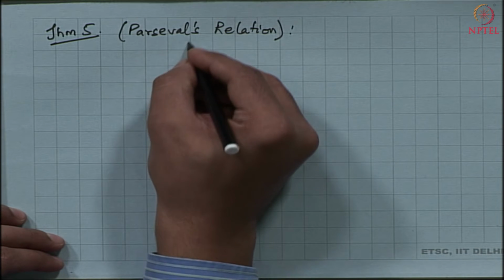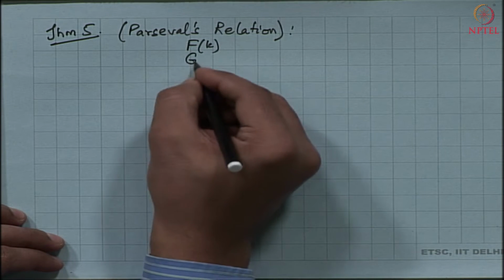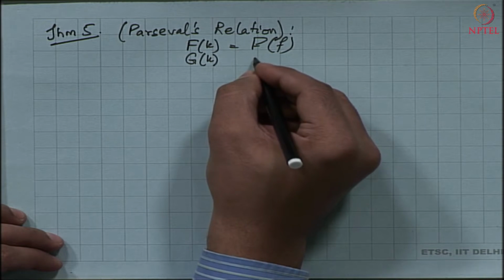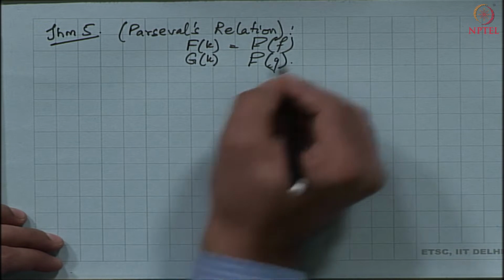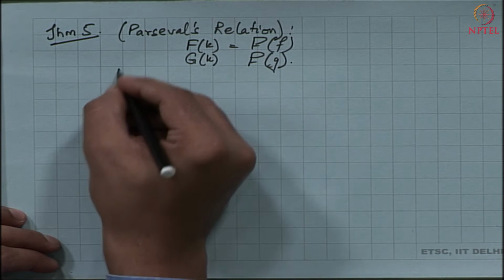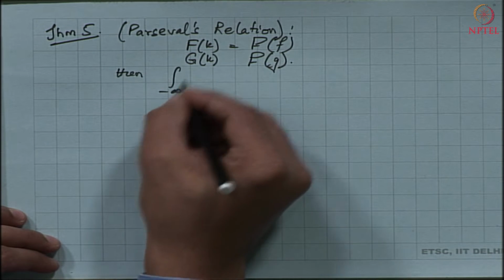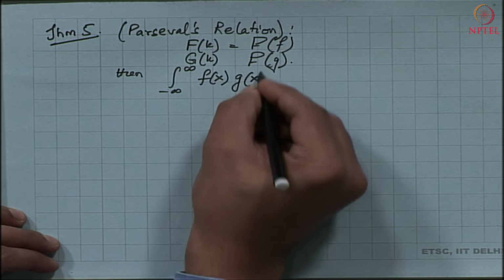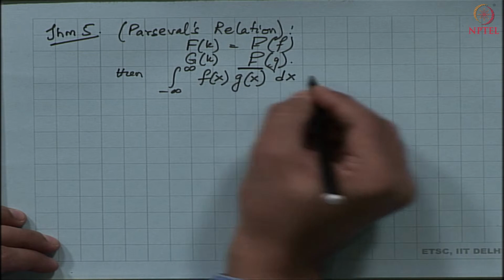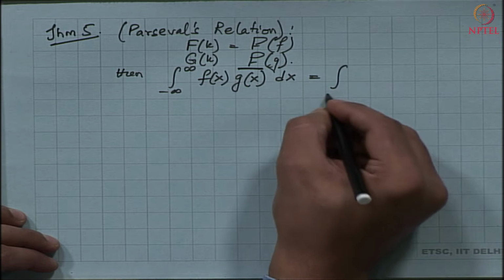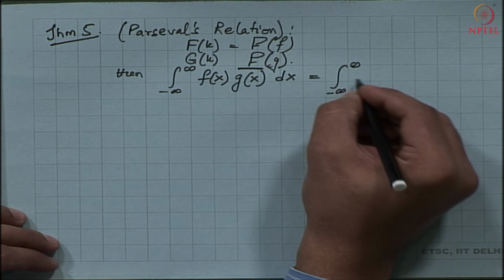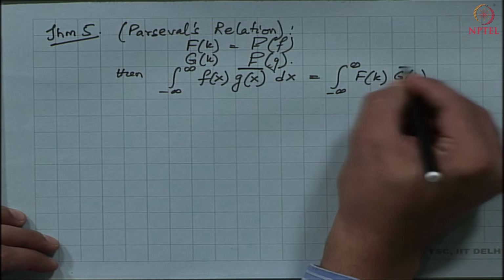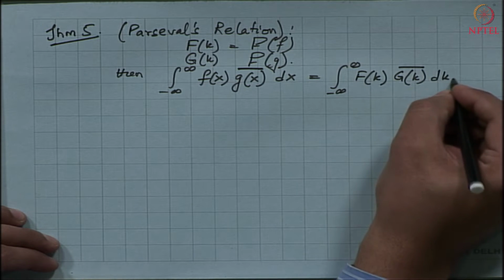So, if I have again F of k and G of k as the Fourier transform of f and the Fourier transform of g, then the relation tells me that the integral from minus infinity to infinity of f of x times g of x conjugate dx is the same as the integral of the Fourier transform F of k times G of k conjugate dk.